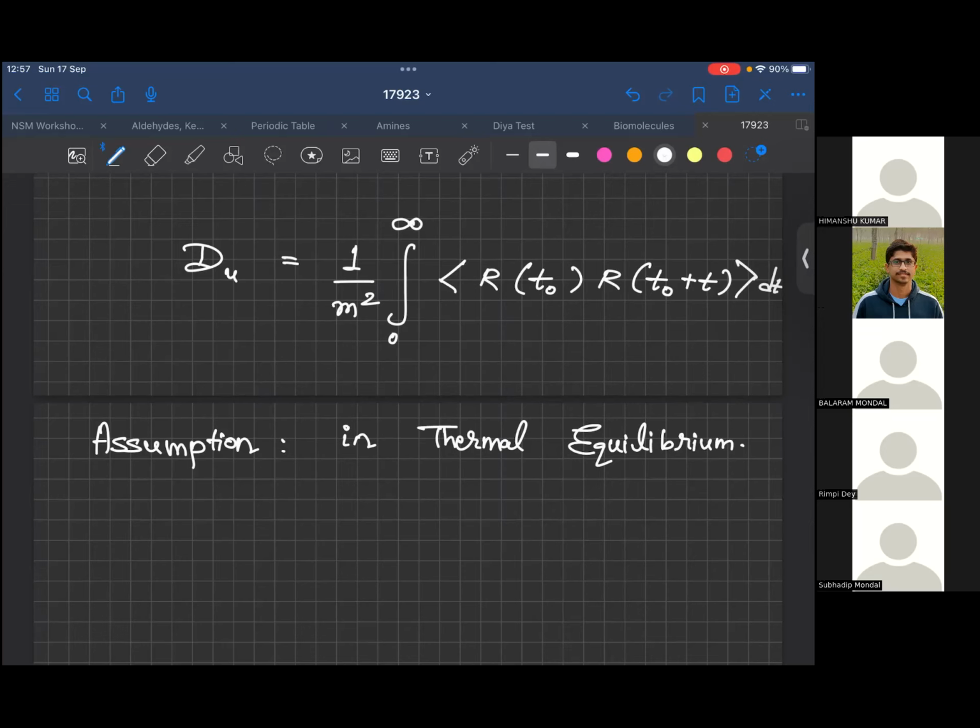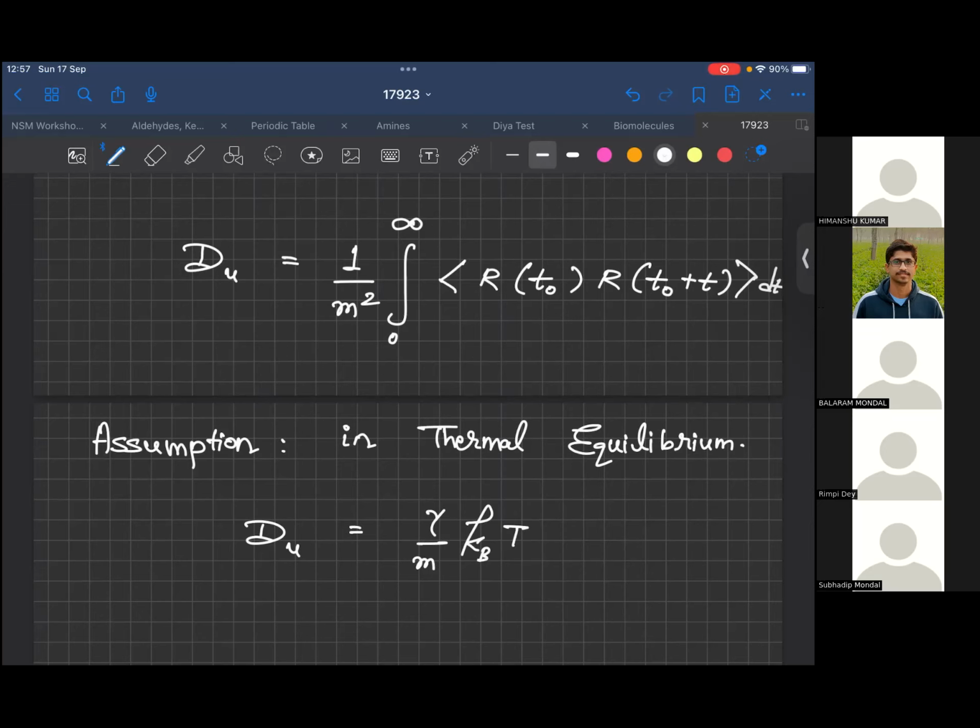So this diffusion constant can now be given as gamma by m times kBT.